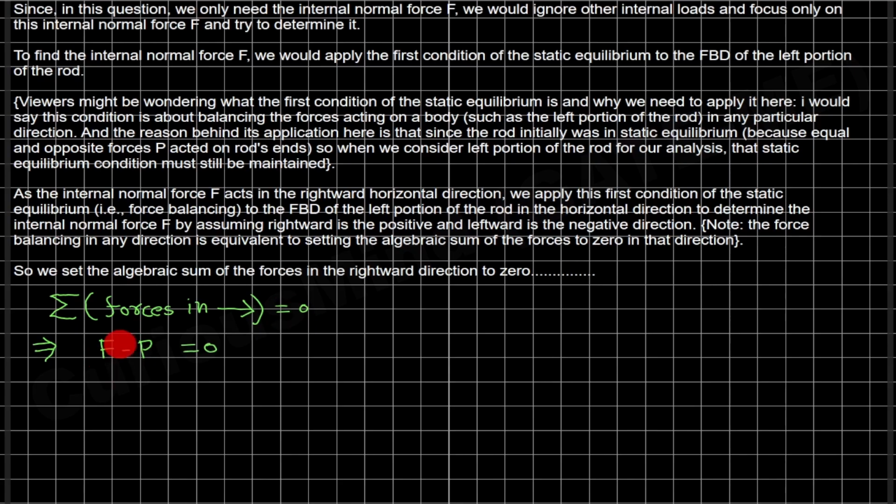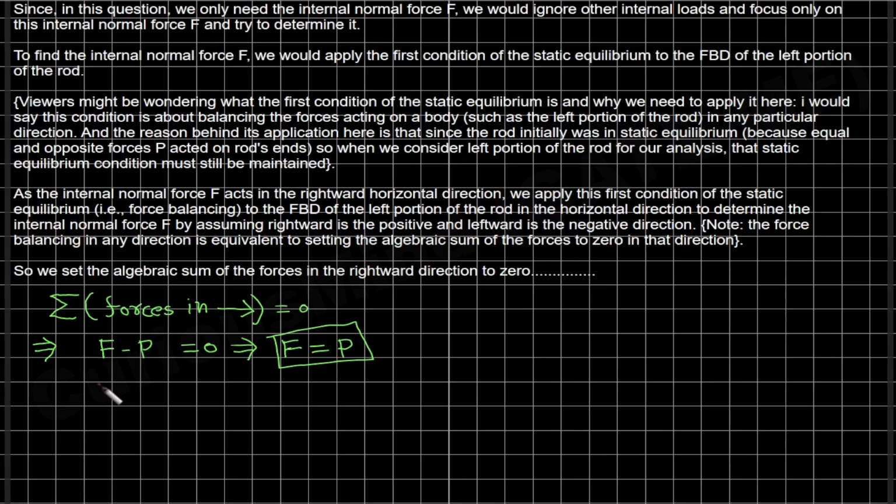So we have the algebraic sum of the forces in the rightward direction on the left portion of the rod, which is F minus P. We would rearrange it and find the force F. So we have the force F equal to P.